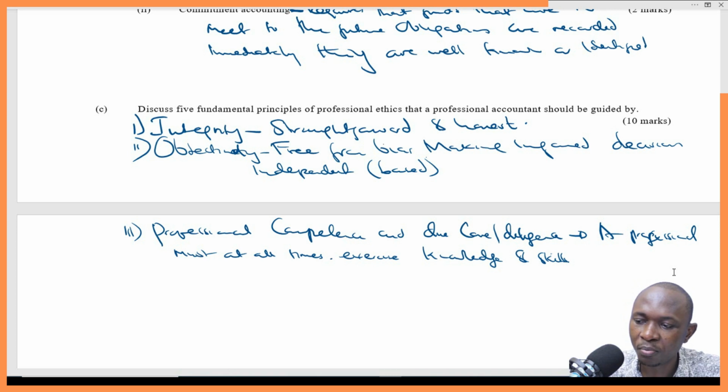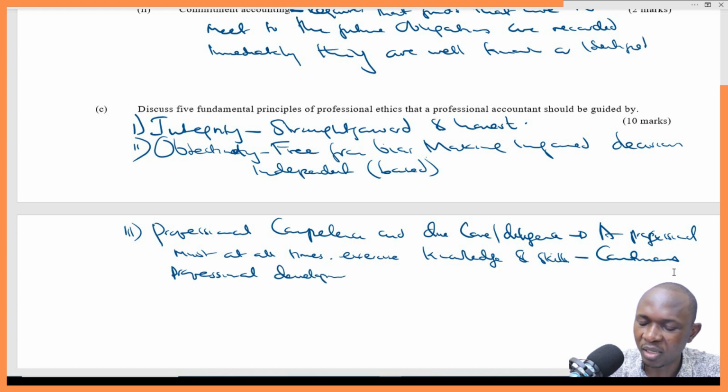So professional competence and due diligence, very important. And basically what we are talking about here is continuous professional development for this professional accountant.